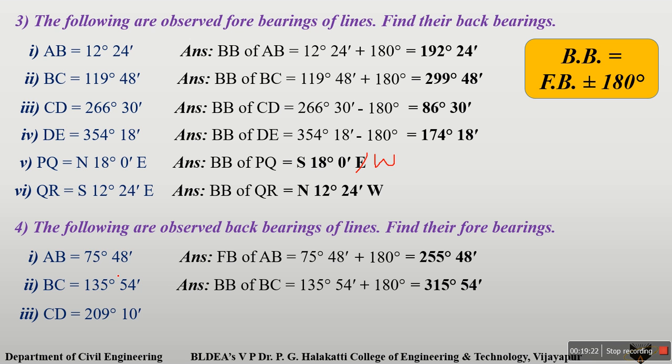Coming to the last example, CD is equal to 209 degree 10 minutes. So 209 means what? It is greater than the 180 degree. So our fore bearing of CD is equal to 209 degree 10 minutes minus 180 degree, we will get the fore bearing of 29 degree 10 minutes.